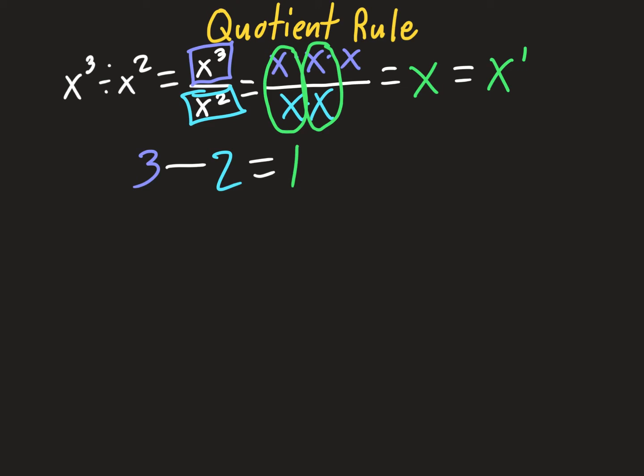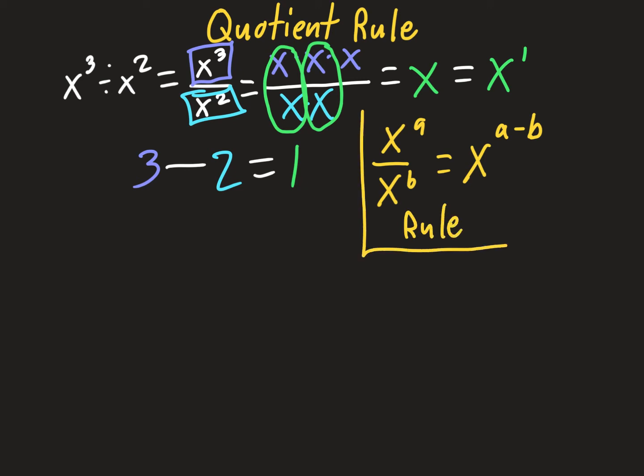So, to find the quotient of two exponents with the same base, we subtract the exponent. If this is true, then our rule will be x to the a divided by x to the b will give you x to the a minus b.